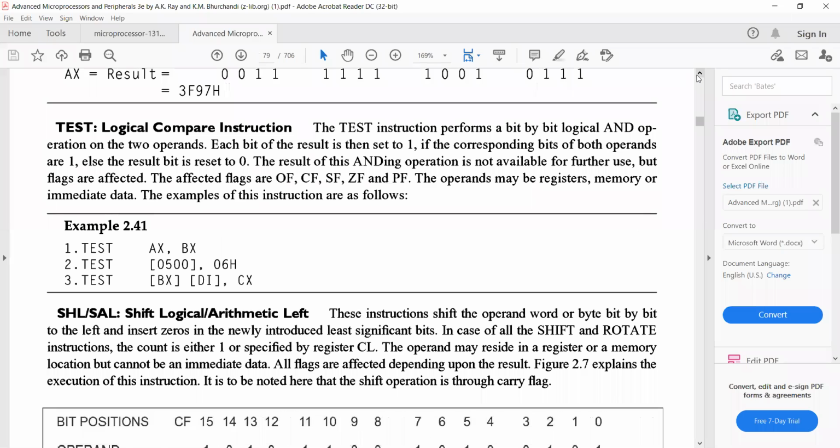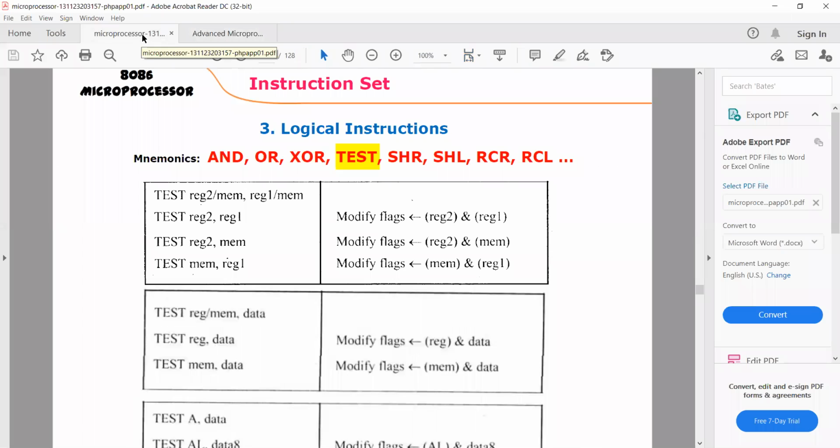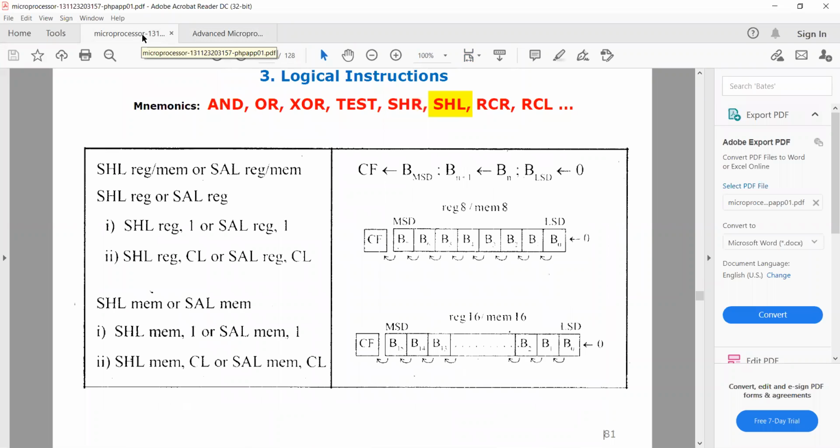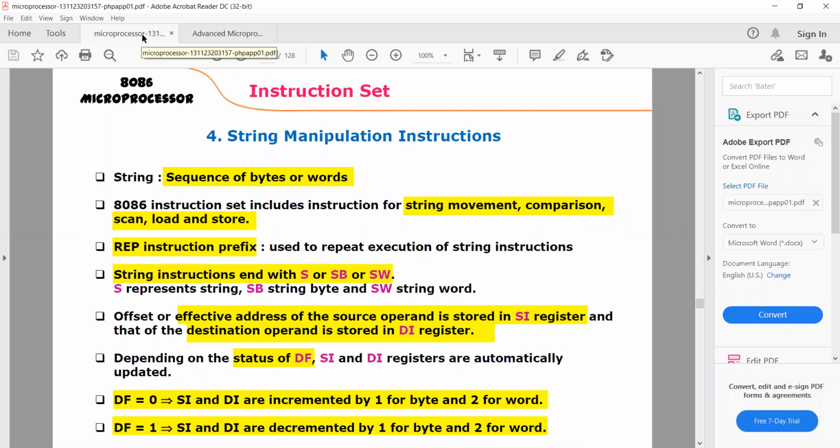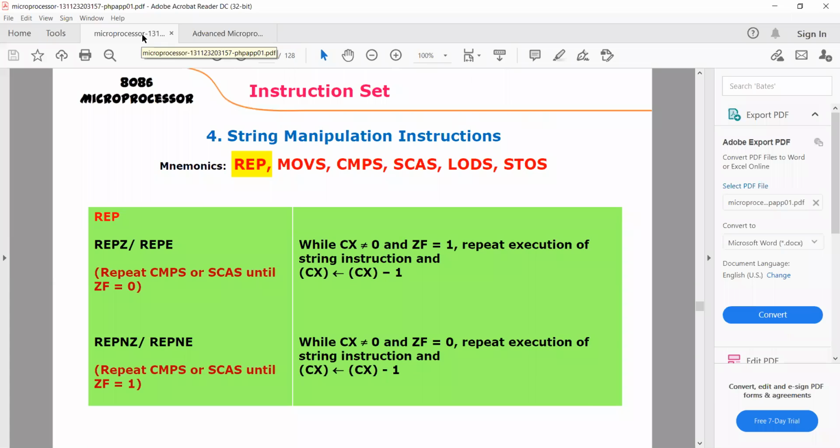Till now we discussed three categories: data transfer instructions, arithmetic instructions, and logical instructions. The remaining categories include string manipulation instructions and some stack instructions.